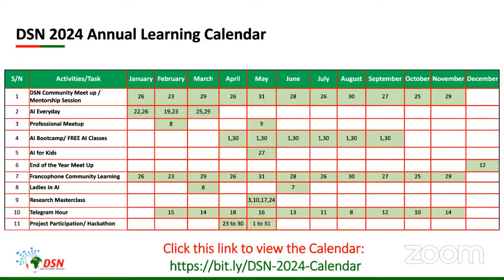Earlier this year, we had the AI Everyday, where some people benefited, where we took them through data analytics with Power BI and Python for data science and machine learning. And people even got certified. So we run events all through the year just to make sure that the community is active and our community members are getting the best of the best out there. We upskill, we run webinars, we run various events for our community members.